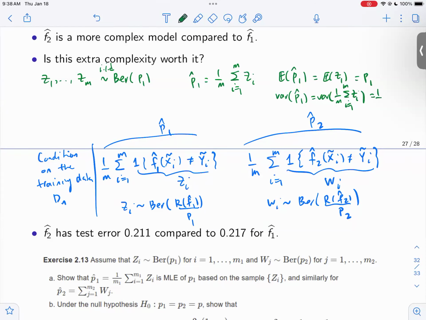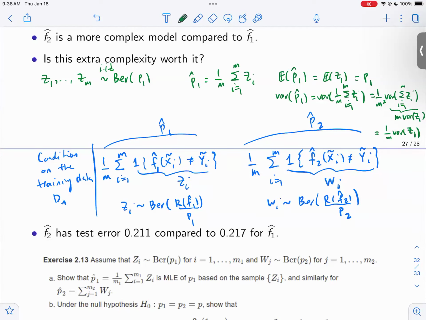So 1 over m squared comes out, and then the variance of the sum is the sum of the variances because of independence. So you get m times the variance of one of them. There's an m squared and an m, so you get 1 over m times the variance of Z1.